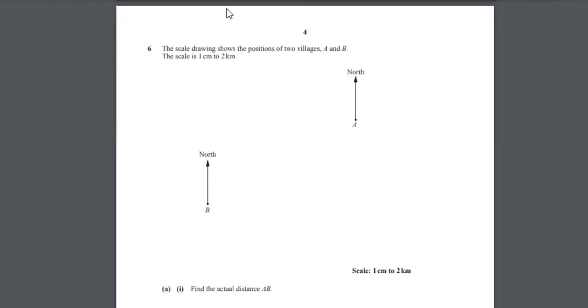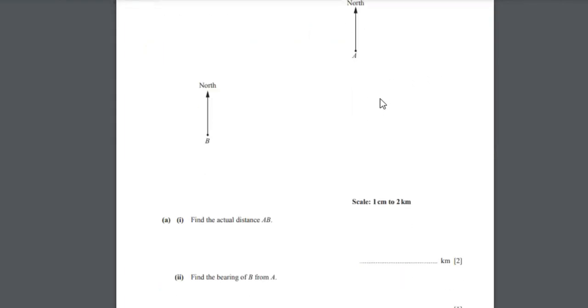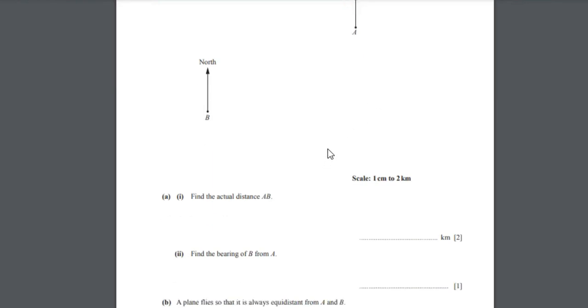So first let me zoom it out so that you guys can see the parts as well. Okay. So what is asked? Find the actual distance AB. You need to find the actual distance AB.